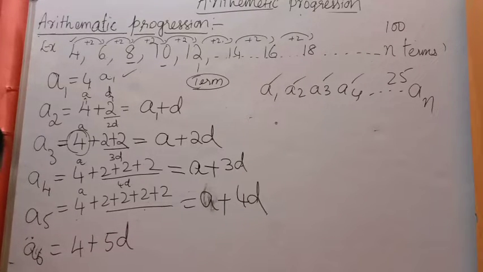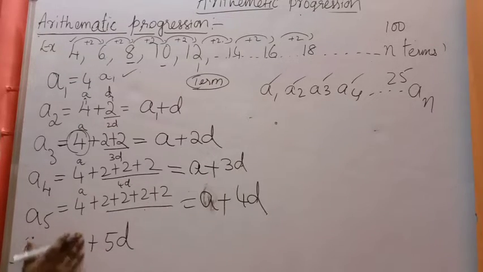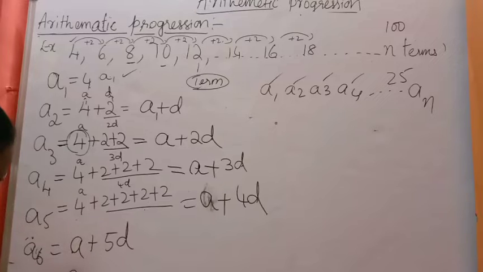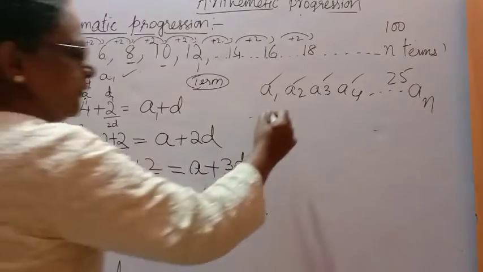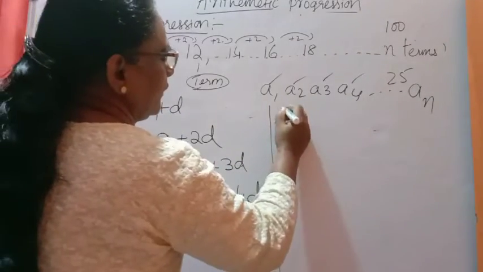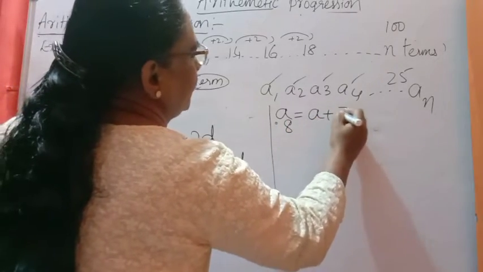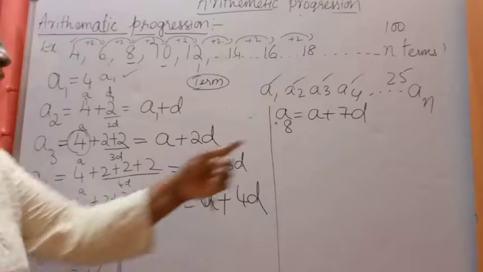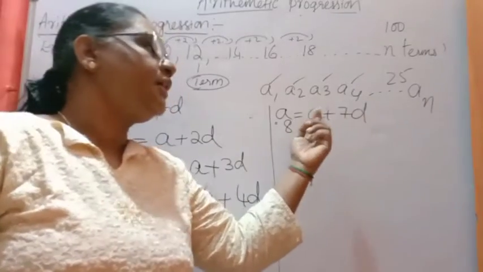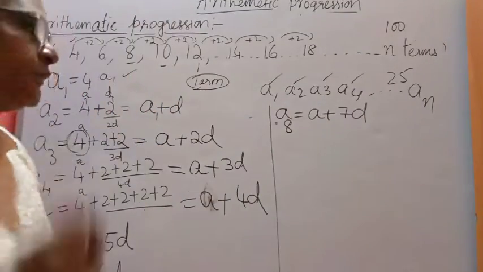A7 is A plus 6D, because 7 terms are there: 6 differences plus 1 term. Similarly, for the 8th term, A plus 7 times the difference. Whatever the number, the differences are 1 less, because 1 term, A, is already there.